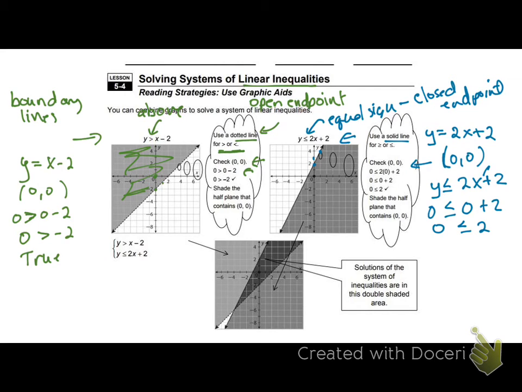Is 0 less than or equal to 2? Yes, this is a true statement. So you see where your origin is, and you shade on that side of the line. So this is where they got that shading. Also notice that in this one, the shading was below the boundary line.